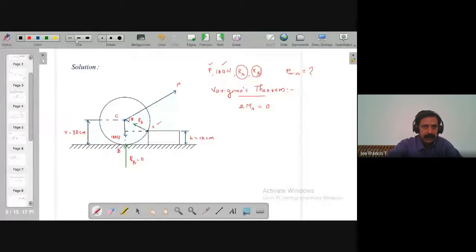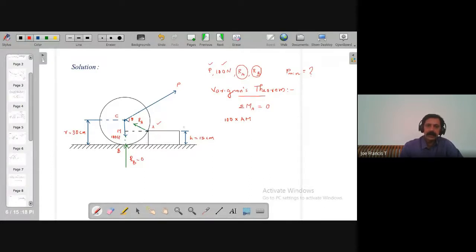Suppose that point is M. Moment due to 100 Newton is 100 into AM, its perpendicular distance. Since this 100 Newton is making an anti-clockwise moment at A, its sign is positive. I do not mark it here.